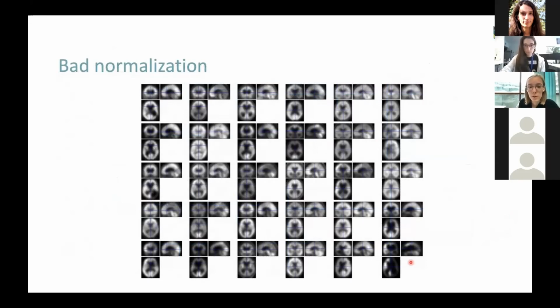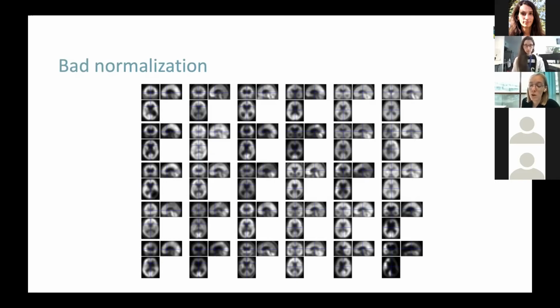Here I have a small overview of several patients' normalized images. And you can take a couple of seconds to have a look at which patients you think should be excluded from a group analysis. It's probably not so hard, right? There are actually quite a few, as you know.